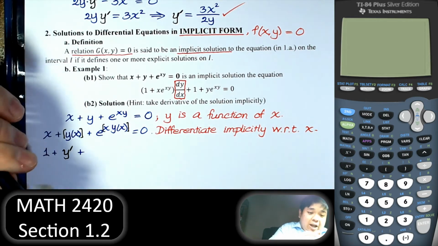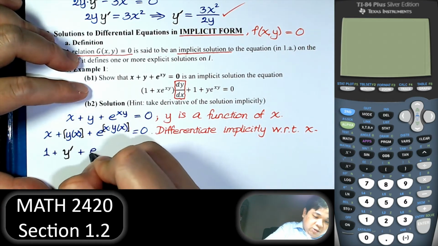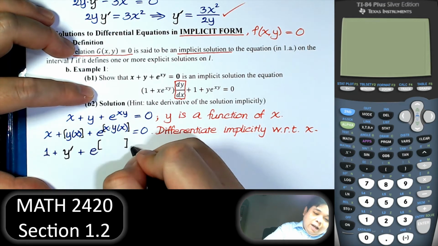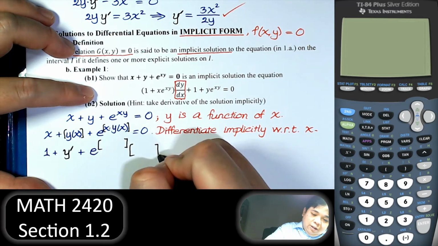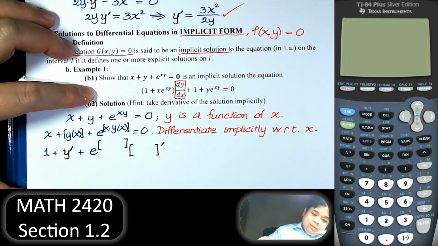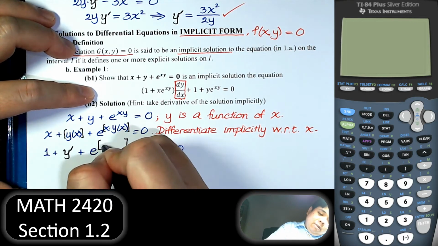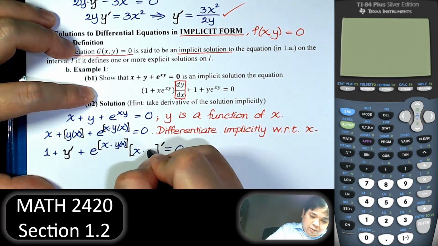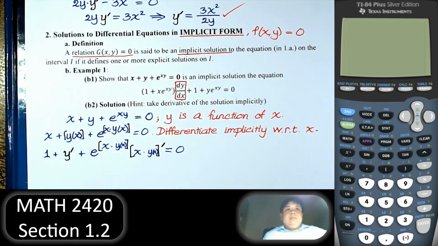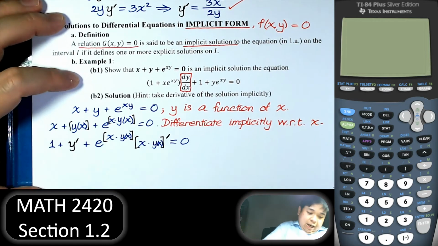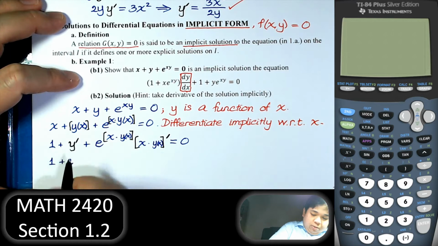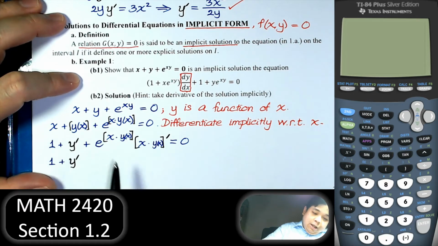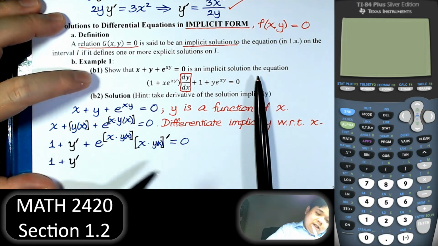Now the derivative of an exponential function is going to be e to the same thing, and then the derivative of that, which happens to be x times y. So we have 1 plus y prime, and this is just e to the x times y.